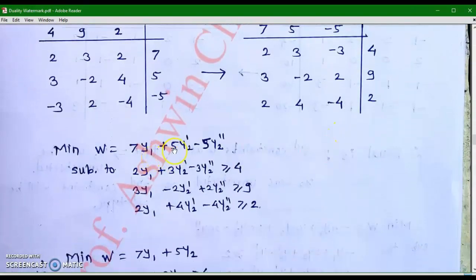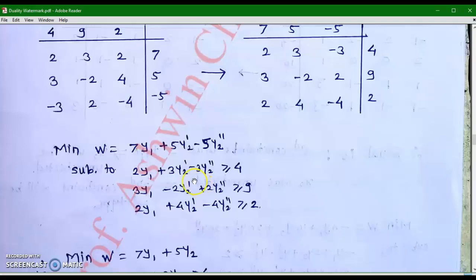So 7y1 plus 5y2 dash minus 5y2 double dash subject to 2, 3 and minus 3 as the coefficients, greater than or equal to type because of minimization, 4. Then 3y1 minus 2y2 dash plus 2y2 double dash greater than or equal to 9 and 2y1 plus 4y2 dash minus 4y2 double dash greater than or equal to 2.